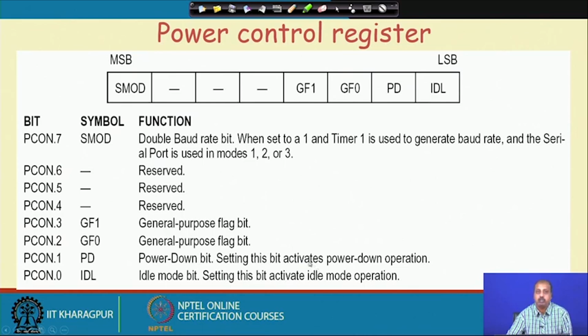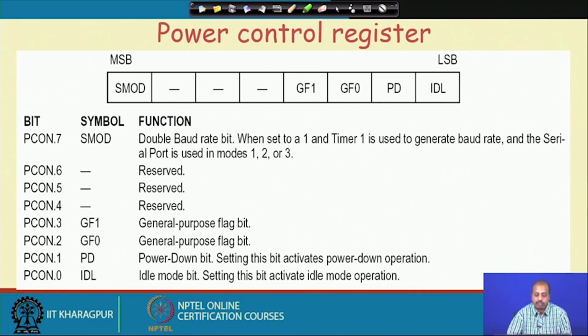To come out of idle mode, some interrupt should reach the processor to activate it. On the other hand, in power down mode, it may advise many devices to go to power down mode and all that.